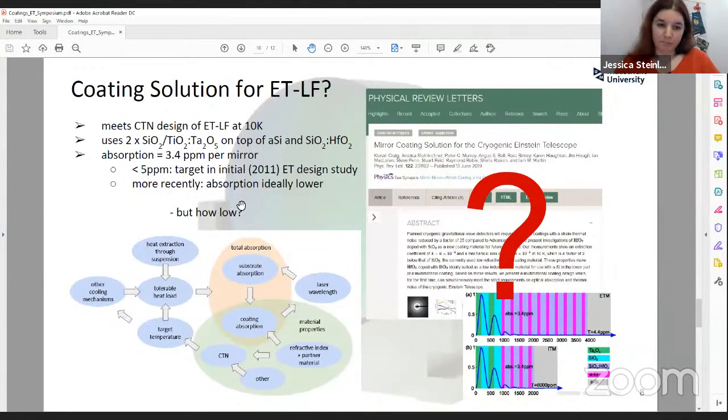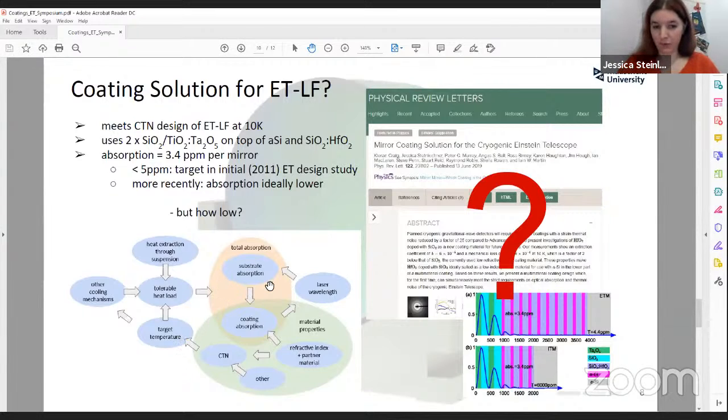More recently, the absorption requirement seems to get lower and lower. The question is, how low will it actually be? It might be as low as silica tantalum coatings currently, so just half a ppm or lower. It might be a bit higher. So I've just drawn here a few dependencies. That's by far not everything, but just to show what actually goes into defining the coating absorption.